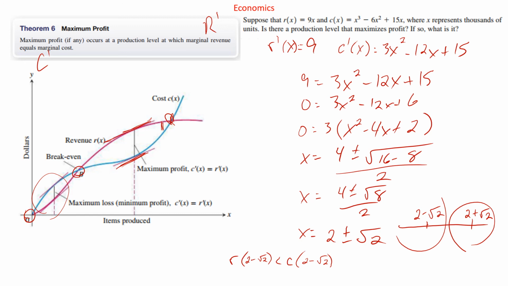And so that's going to give us the most loss that we get. At 2 plus root 2, we get that the revenue is greater than the cost. And so 2 plus root 2 will give us that maximum profit. And you can see that by graphing it as well. You can see which one's bigger than the other.